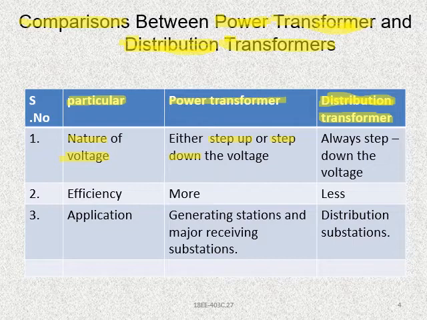As I've said in the previous class, it is used for both step up and step down. Whereas the distribution transformer is always step down the voltage. This is the first point, nature of voltage. Make a note of this.